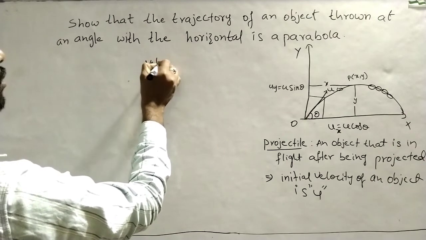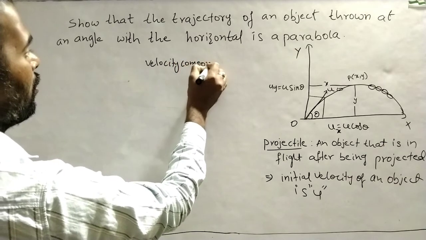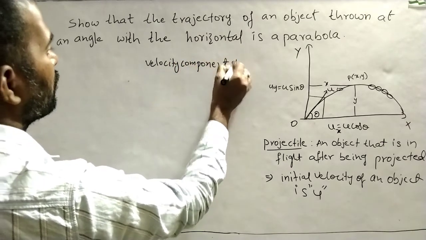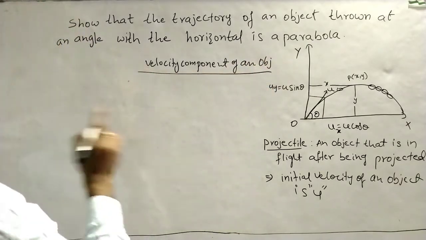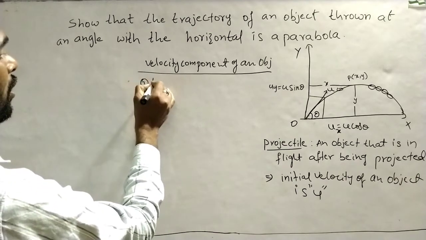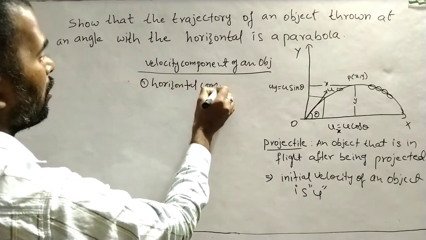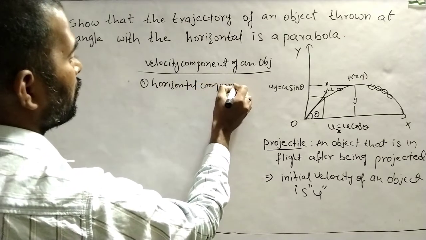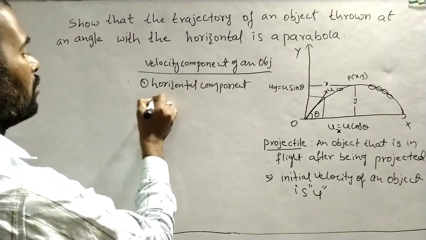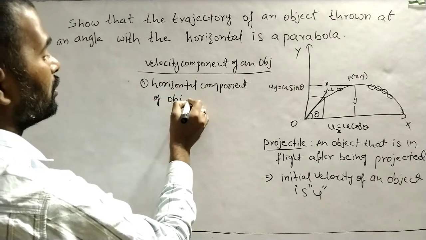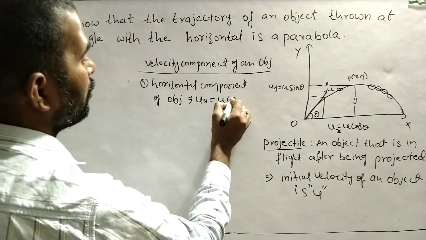Velocity components of the object. One is the horizontal component of the object, that is along x-axis: Ux is equal to u cos theta.